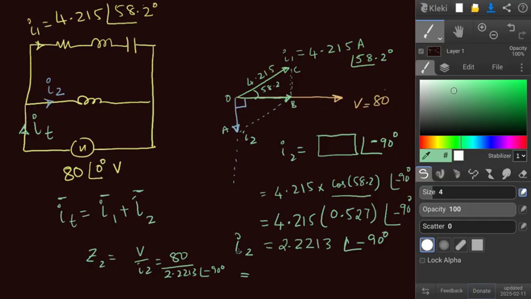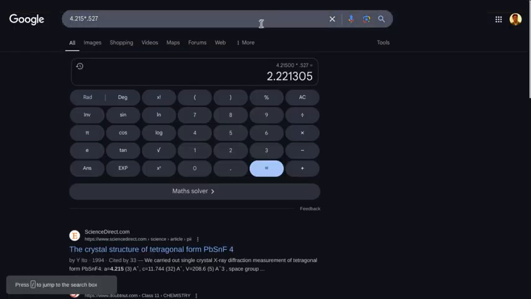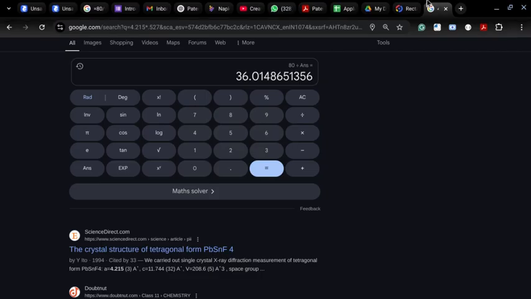So what will that be? 80 divided by the previous answer is 36.01.